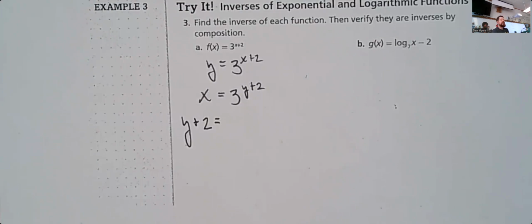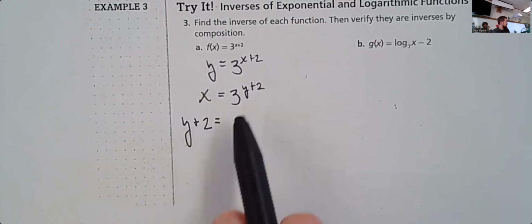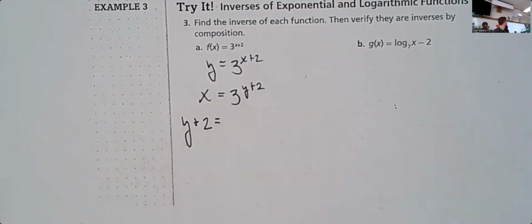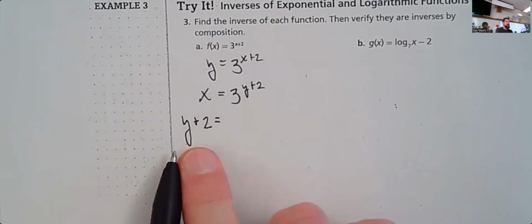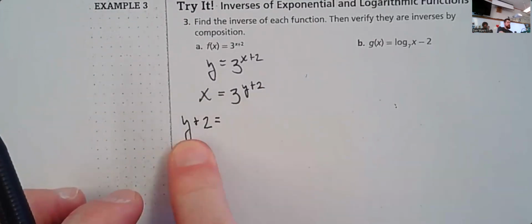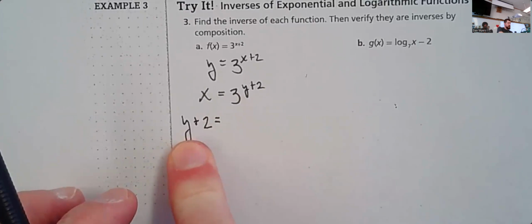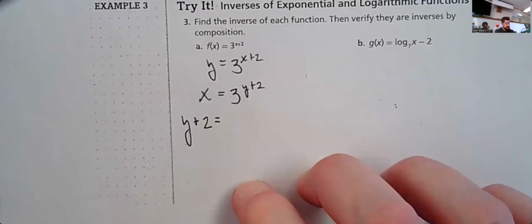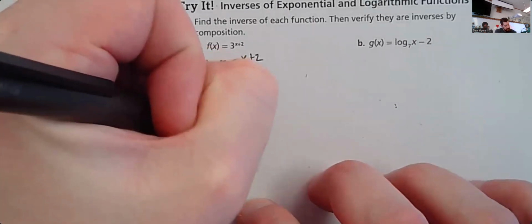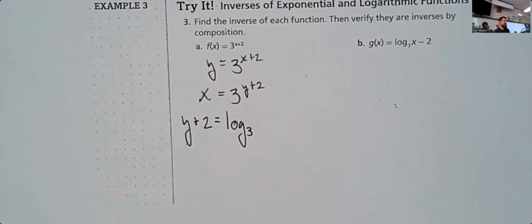When you are writing something in logarithmic form, it is going to be set equal to the exponent. So here is our exponent. Now what? What goes on the right side? We already have the y plus 2 over here. So the exponent becomes what we equal it to. So log base 3, in subscript, right?